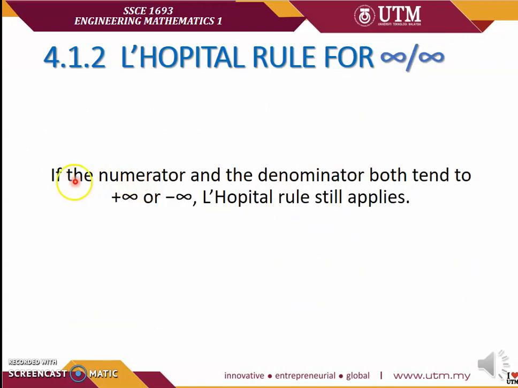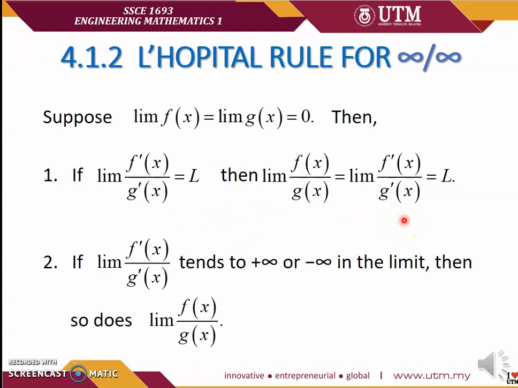So, this L'Hopital rule akan implement again if the answer is infinity over infinity. So if the numerator and denominator both tend to either positive infinity or negative infinity, so if f(x) over g(x) is infinity over infinity or negative infinity over negative infinity, we will use L'Hopital rule.